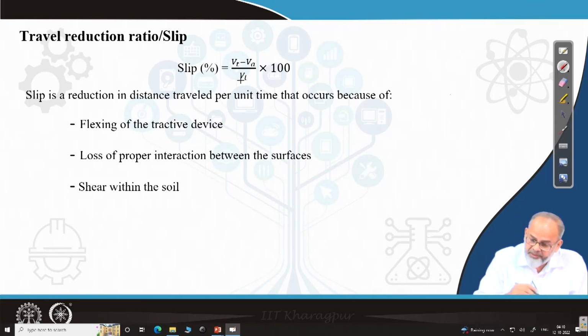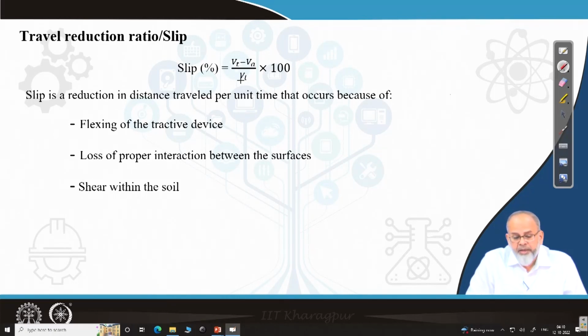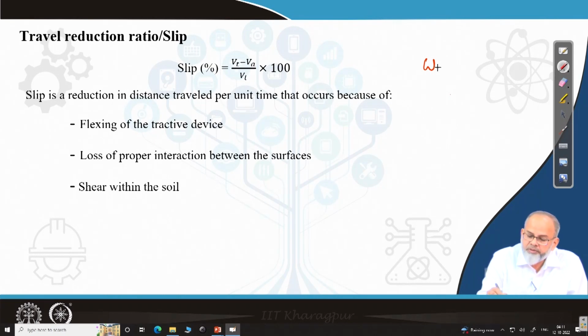Actually, what happens if we are moving a tractor, or a single wheel, at an angular speed of omega, and V is the forward speed?